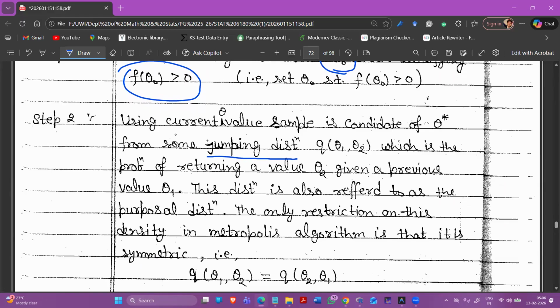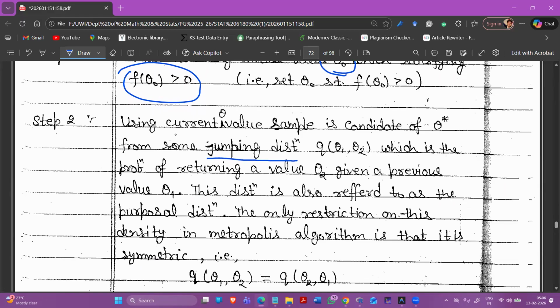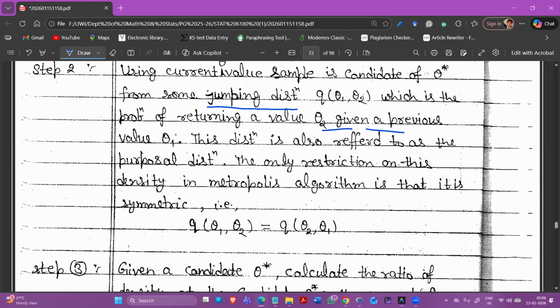So when you generate the values theta 1, theta 2 and so on, you use some jumping distribution q(theta 1, theta 2), which is basically the probability of returning the value theta 2 given a previous value theta 1. All right, this distribution is also referred to as the proposal distribution.